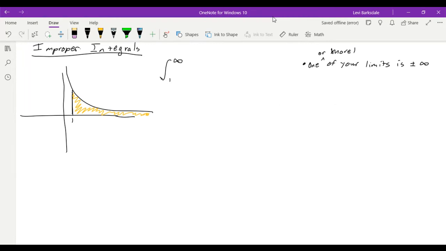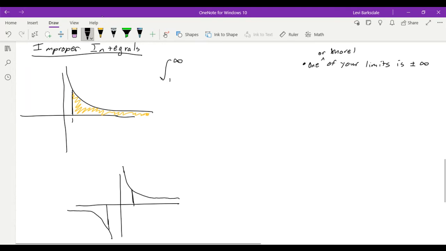But there are some other improper integrals that don't involve infinite limits of integration. They do technically still involve infinity, though. So let's say, reusing this function from the first one, we'll actually draw it out a bit more. Let's say I wanted to integrate from -1 up to +1.